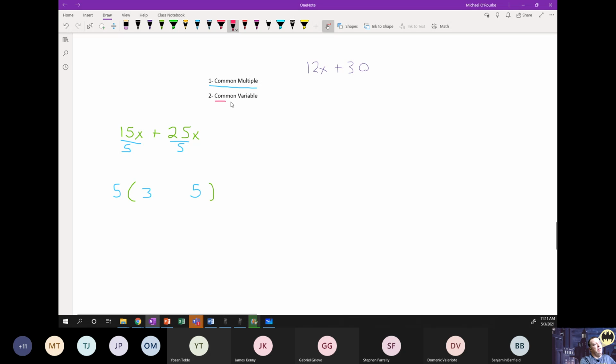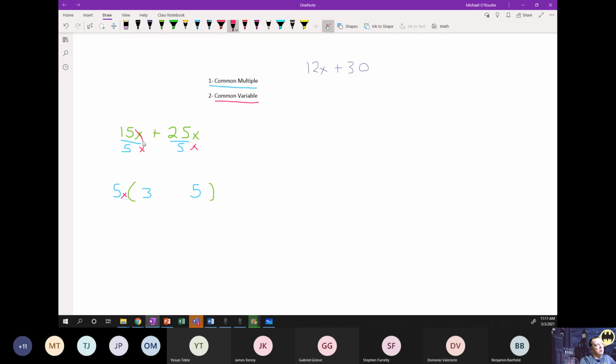Now, is there a common variable between these two numbers? Yes or no? And if it's yes, what is it? Good, there's an x in each of them. So I'm going to put the x out here. I took it out.